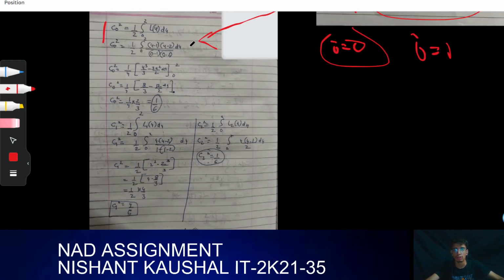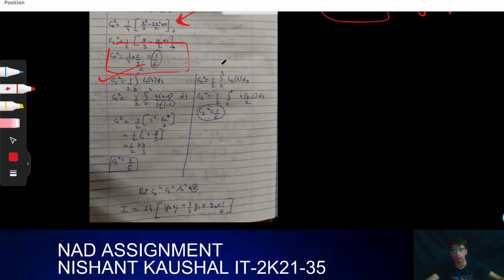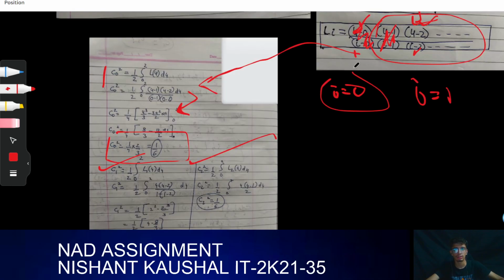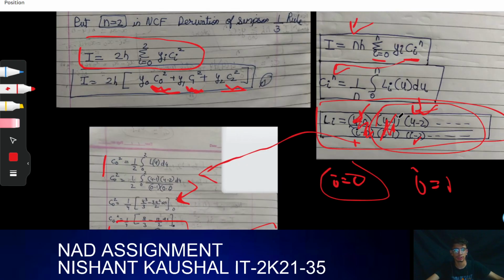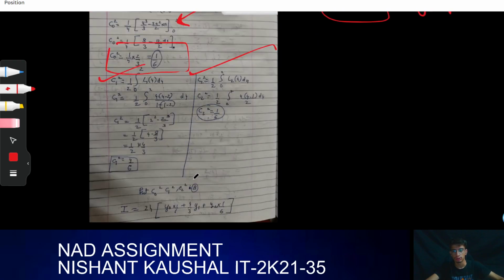And now after finding this, we have just done the integration, and we have solved by putting the limits from 0 to 2, and we get c0 as 1 by 6, right? Similarly we have found c1 and c2. I have told you how to find the Li, which is the most confusing part in this question.